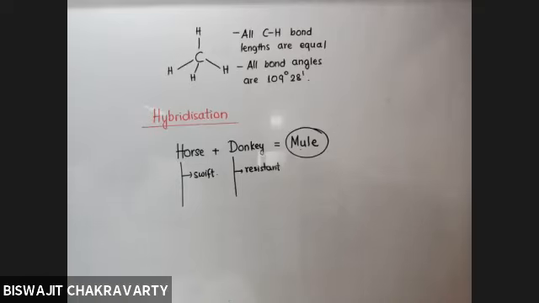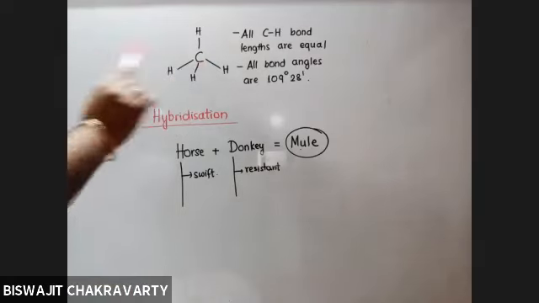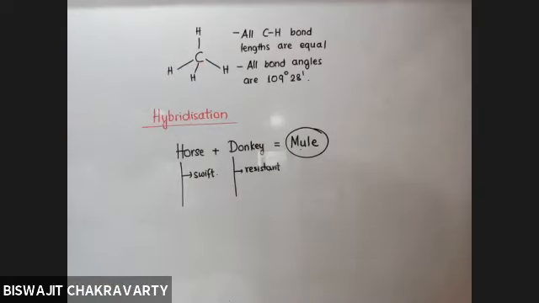Understood? Yes or no? Yes, sir. Okay. So hybridization is introduced to explain shapes of some molecules which could not be explained on the basis of simple valence bond theory. Next day, we will discuss hybridization, which is a very, very important topic in chemistry.